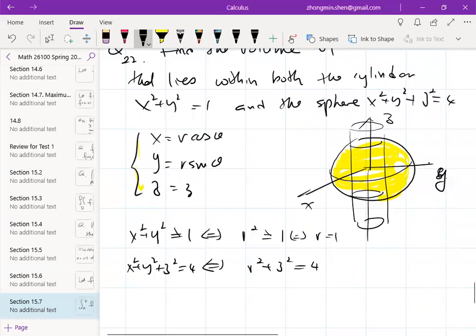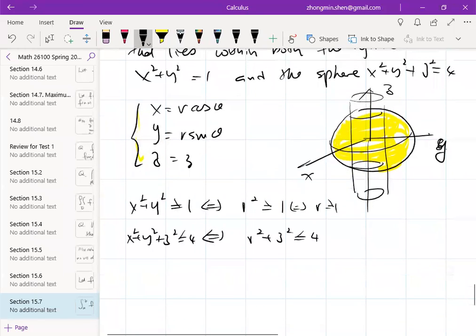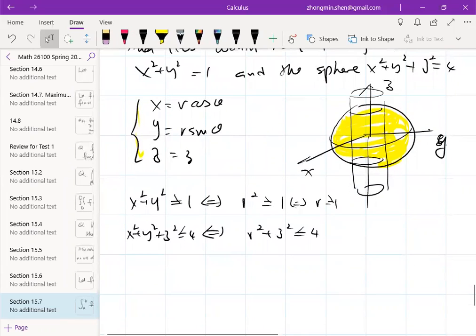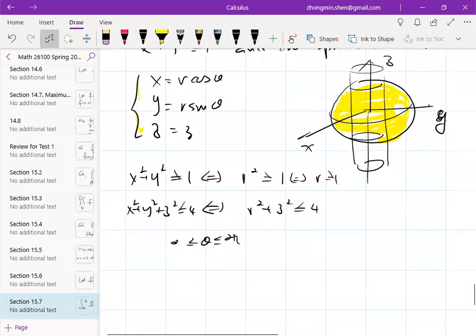Inside the sphere, it's less than or equal to 4. And is there any restriction on theta? Theta is definitely still between 0 and 2 pi. So r is greater than or equal to 1, but r squared plus z squared is less than or equal to 4.